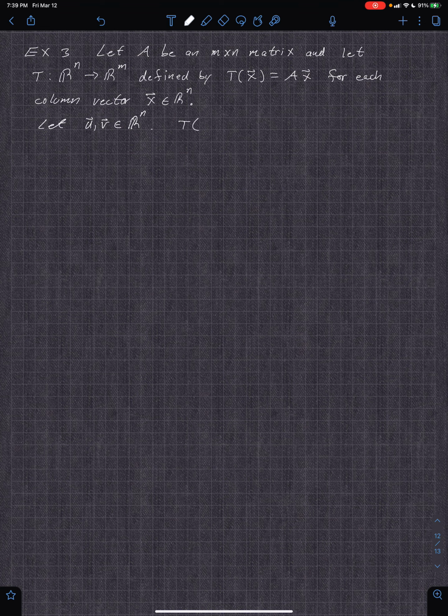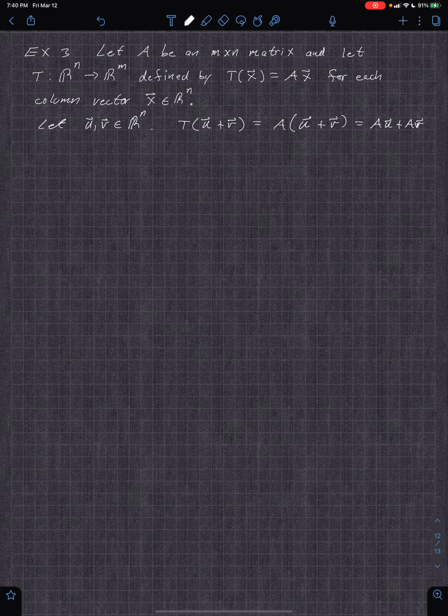one, that T of U plus V is equal to A times, so the transformation is A times that vector U plus V. And by matrix multiplication, we know that is AU plus AV.